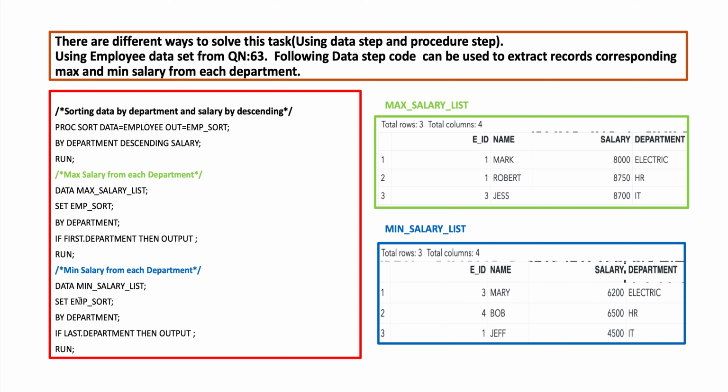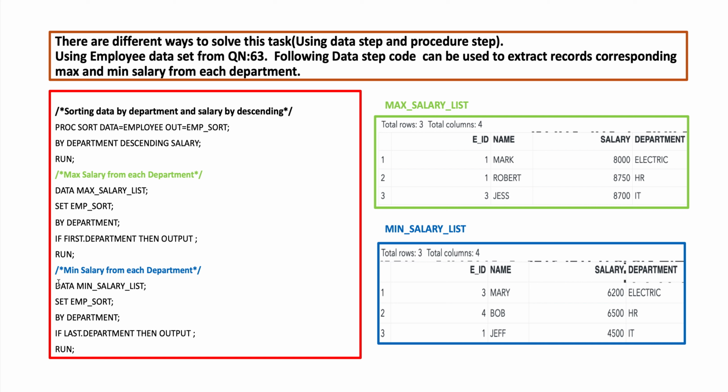Let me go through the last set of code that gives the minimum salary list. Dataset name min_salary_list. Set emp_sort, that the sorted data is used. By department, if last.department then output, and run.